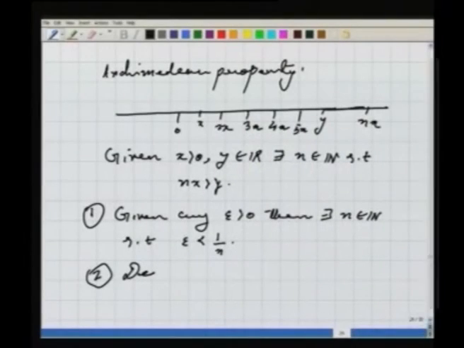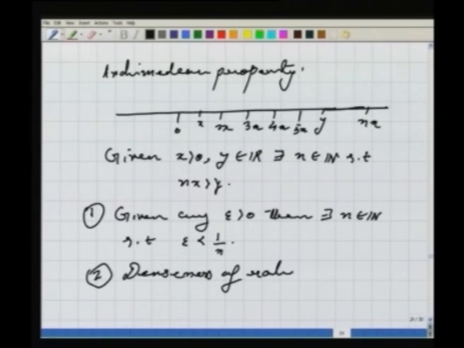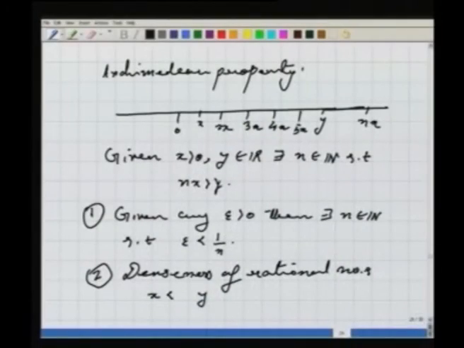Then the second property was denseness of rational numbers. That is, given any two real numbers x and y, suppose x is strictly less than y, then always there exists a rational number r which lies between x and y. And then we have proved the analogous property for the irrational numbers.